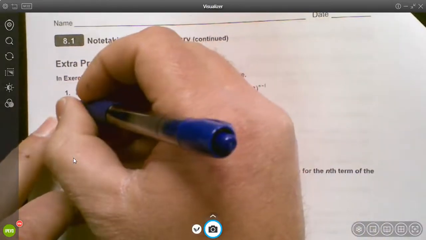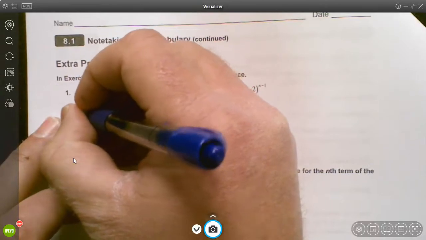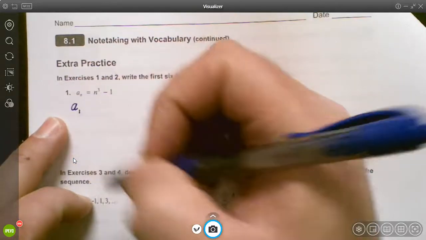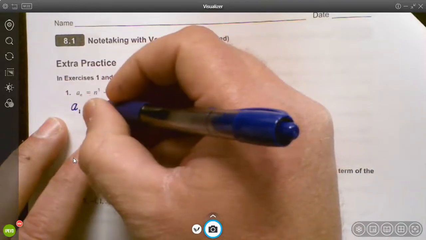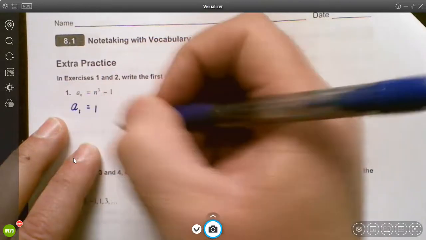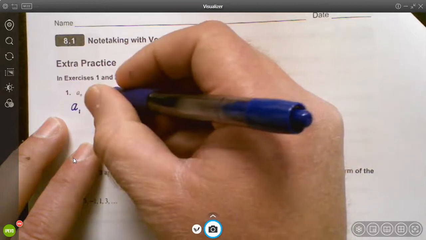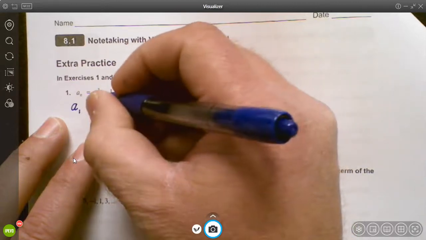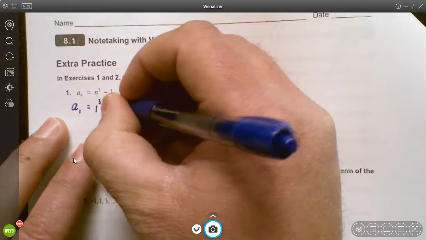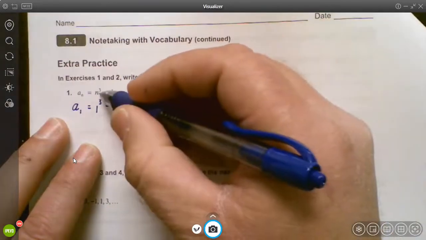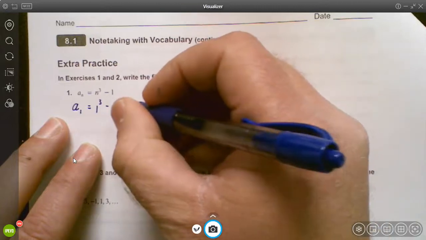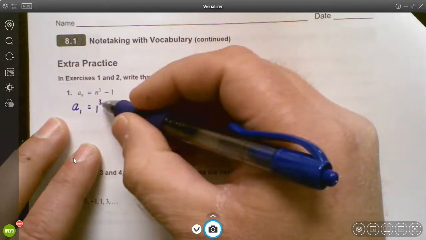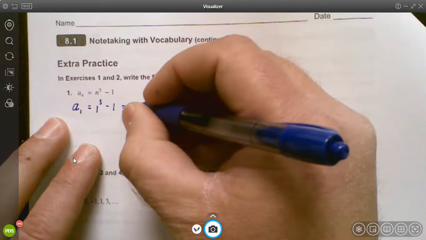The way that we would write that is a of 1, which just means the first term, is when I take a value of 1, plug it in for n, since it's term number 1. We're going to raise it to the third and subtract 1. So I'm just plugging in a 1 for n in order to figure out what the first term is. Well, 1 to the third is 1, minus 1 is 0.